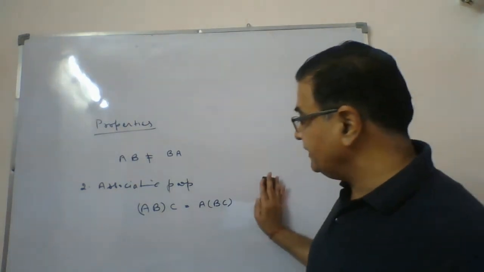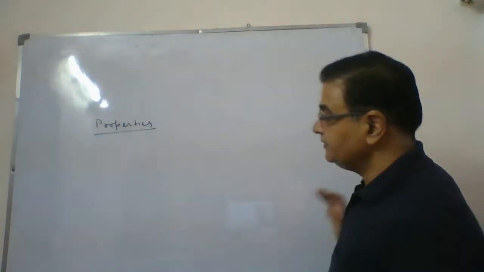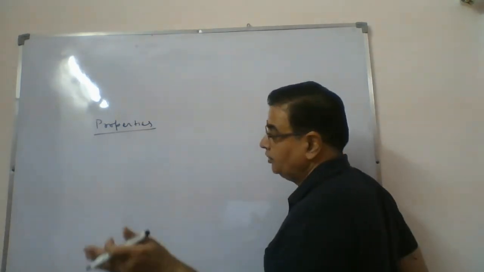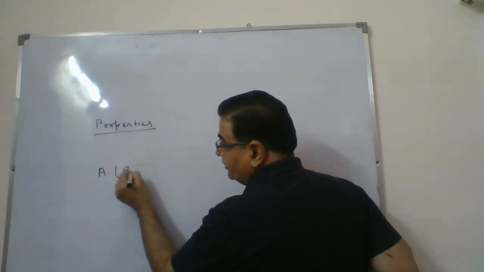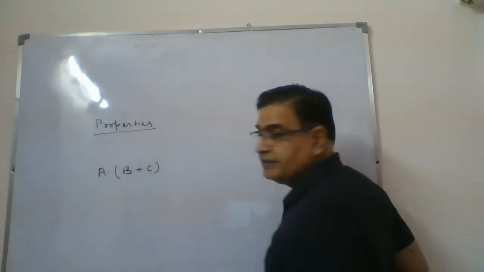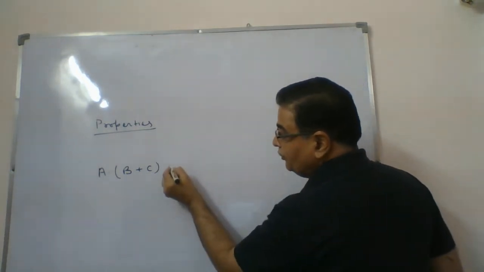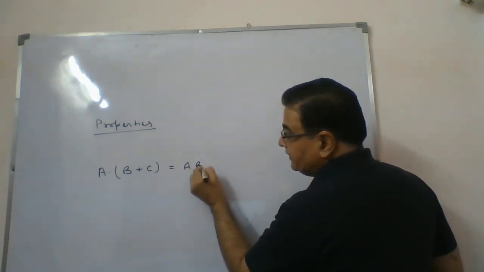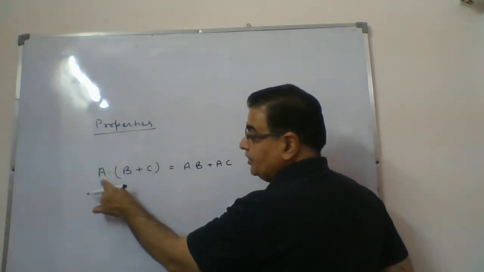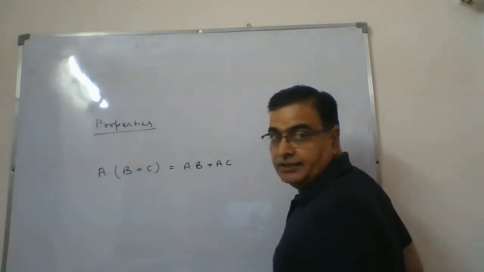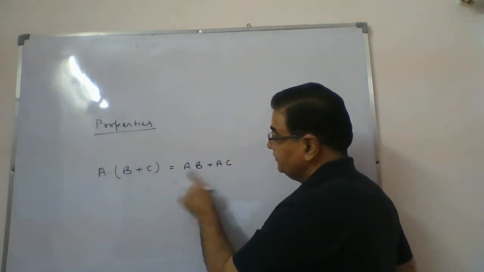The third property is the distributive property. That is, multiplication distributes over addition. For example, A multiplied by B plus C is AB plus AC. Keep in mind, if A is the pre-multiplier, it will remain pre only. You can't write this as BA or CA.